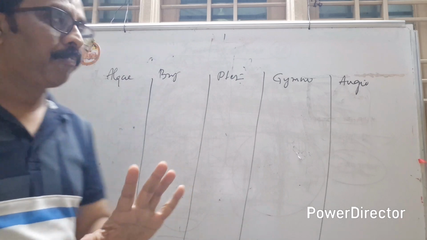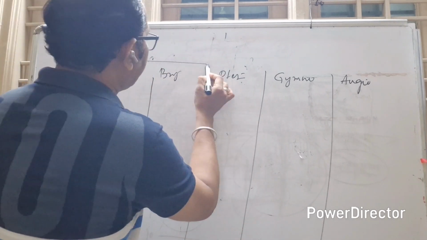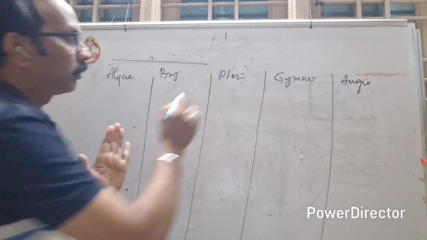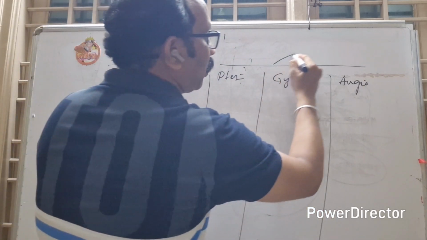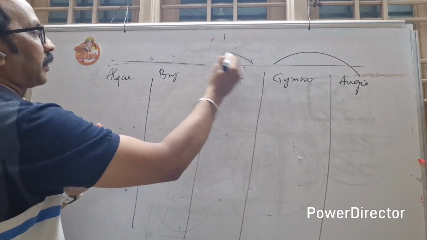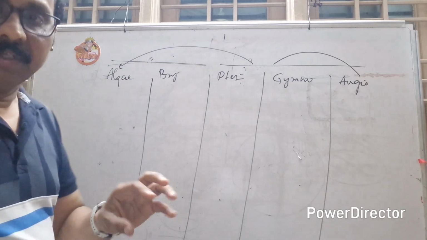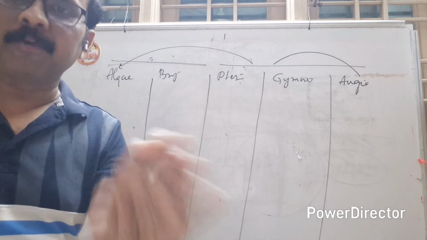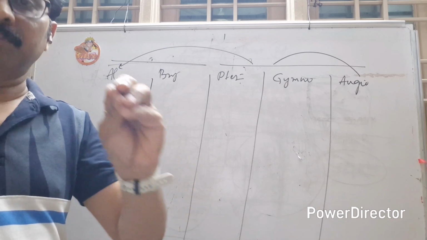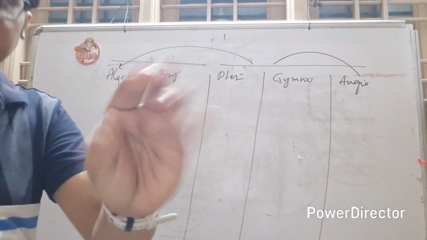First of all, these two are non-vascular. From here, these 3 are vascular. These 2 are the flowering plants. These 3 are the non-flowering plants. I am explaining briefly only, not in detail, but these areas are very essential for you.